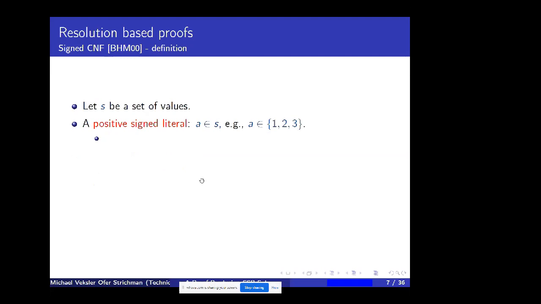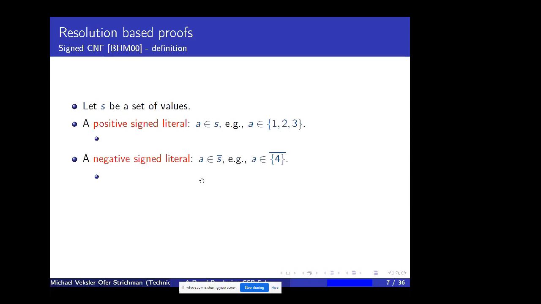So we'll start with some notations. We'll talk about signed CNF because this is the underlying representation that drives these proofs. So signed CNF is a conjunction of signed clauses, and a signed clause is a disjunction of signed literals. And what is a signed literal? Well, you have either a positive signed literal or a negative signed literal, and the meaning is quite clear from the context.